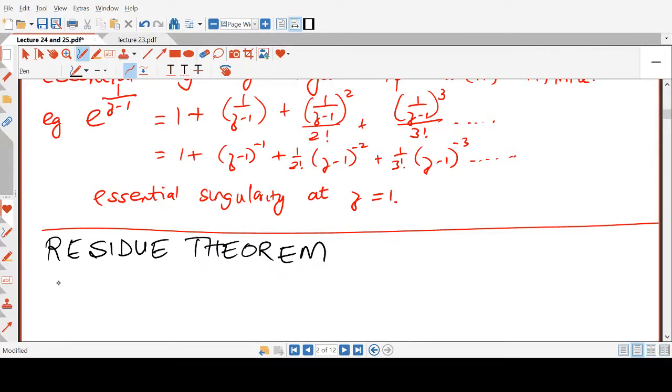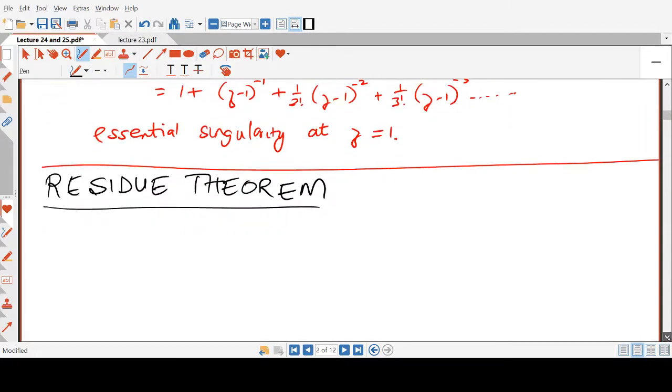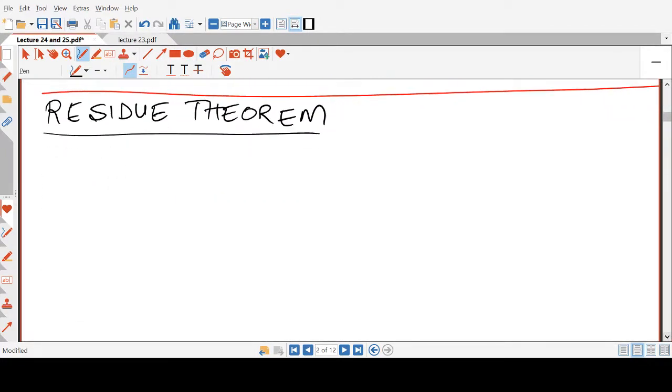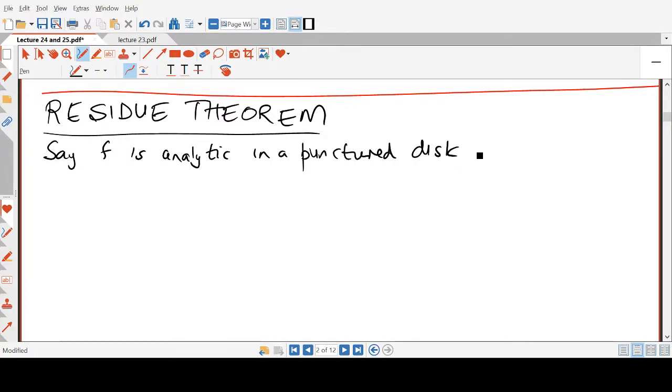The residue theorem. So let me just give you the fluffy, the woolly bits here. Say f is analytic in a punctured disk R, centered at a singular point z naught.